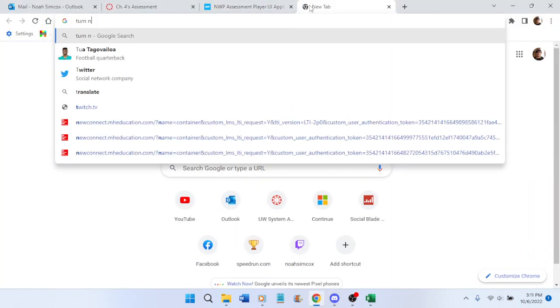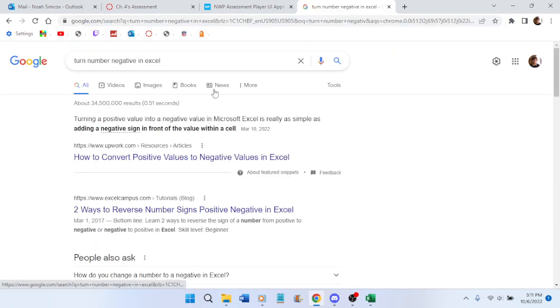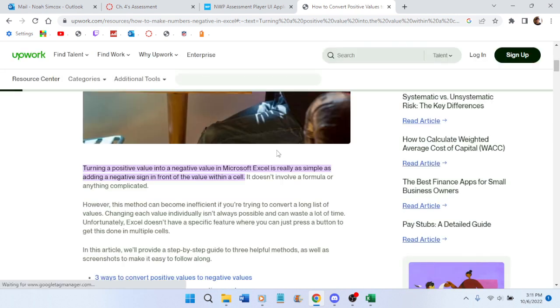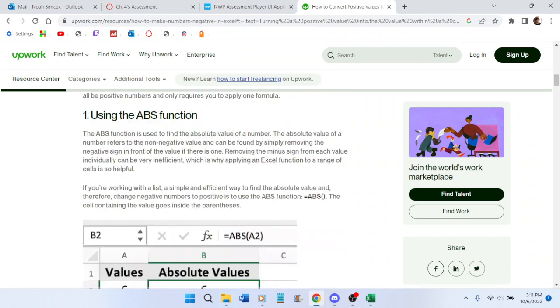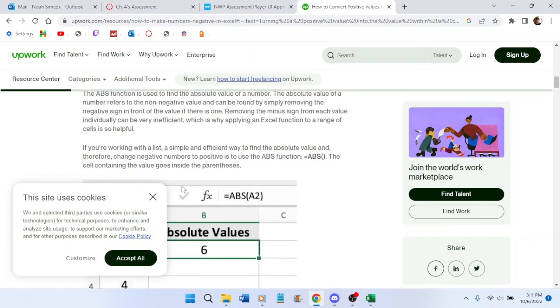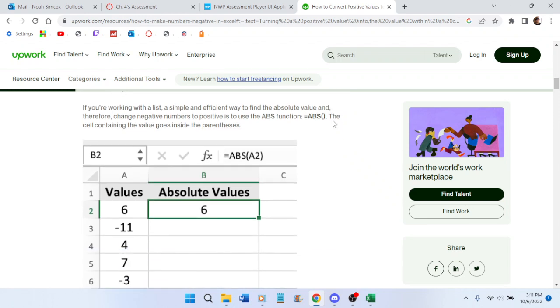So, turn number negative in Excel. There's gotta be a good way. Yeah, of course, you can just put a negative sign in front of it, but there's gotta be an easier way. ABS. Wait, what?